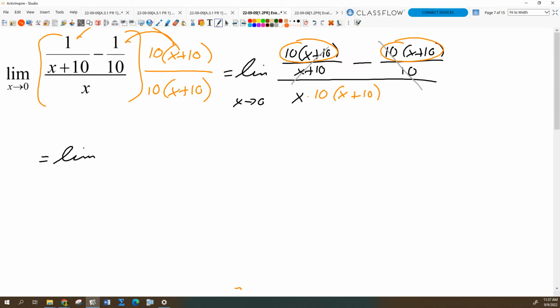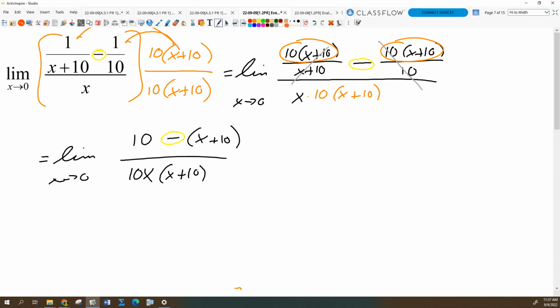So I get the limit then of, when those cancel, on the top I just get 10 minus, and let's track this minus sign. That minus sign is the same as that minus sign is the same as that minus sign, right? Minus, the 10's canceled, and so I've got the quantity x plus 10 over my denominator, which would just be 10x times x plus 10.